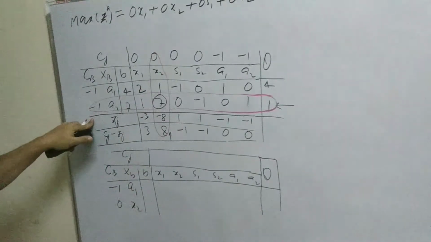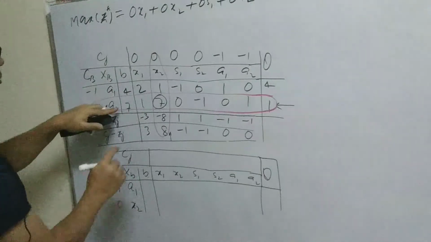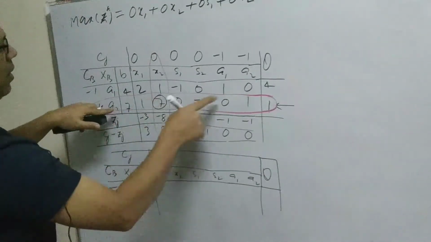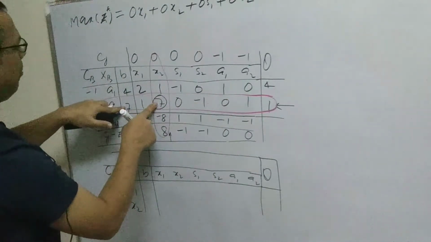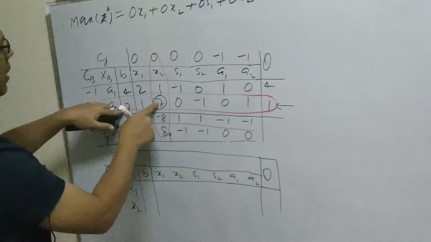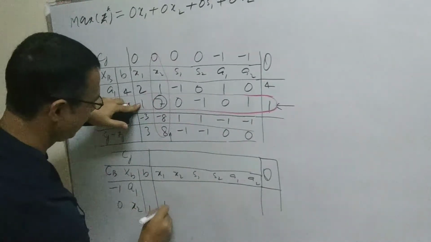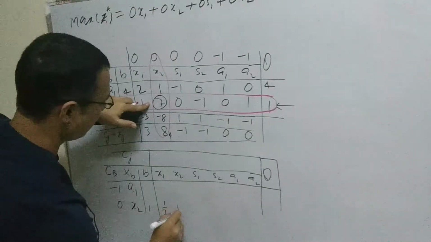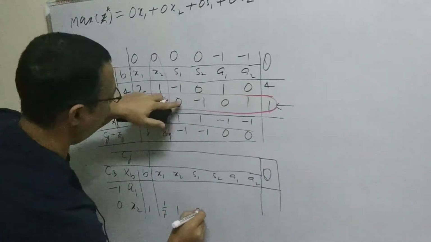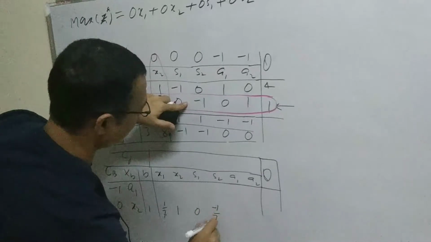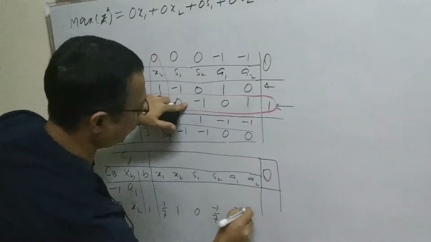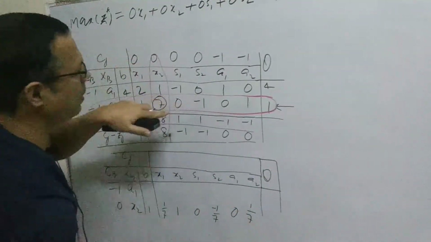Now I change a2 to x2 and divide all these row values by the key element value to get this value as 1. So 7 divided by 7 is 1, 1 divided by 7 is 1 by 7, 7 divided by 7 is 1, 0 divided by 7 is 0, minus 1 divided by 7 is minus 1 by 7, 0 by 7 is 0, and 1 by 7.